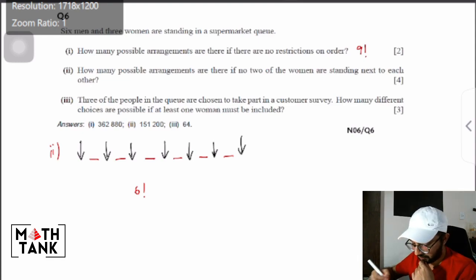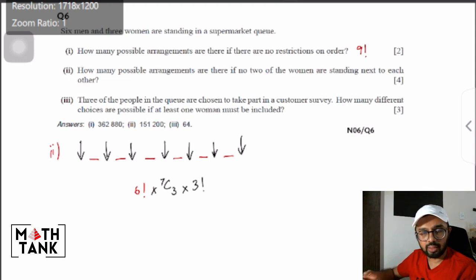Now, I don't have 7 women, but I can say that they can choose 3 of these spots, 7C3, and then they can arrange themselves. This is how you separate a particular group of people who don't want to stand together, or there is some requirement in the question that forces you to separate them. I get 151200.